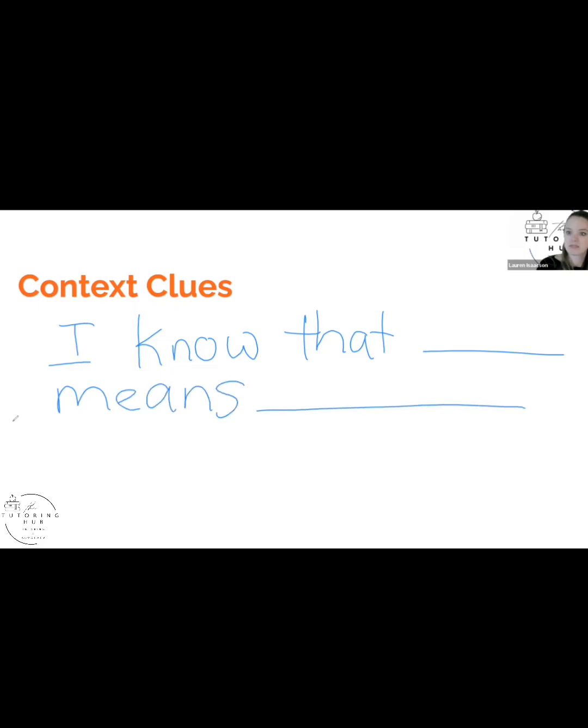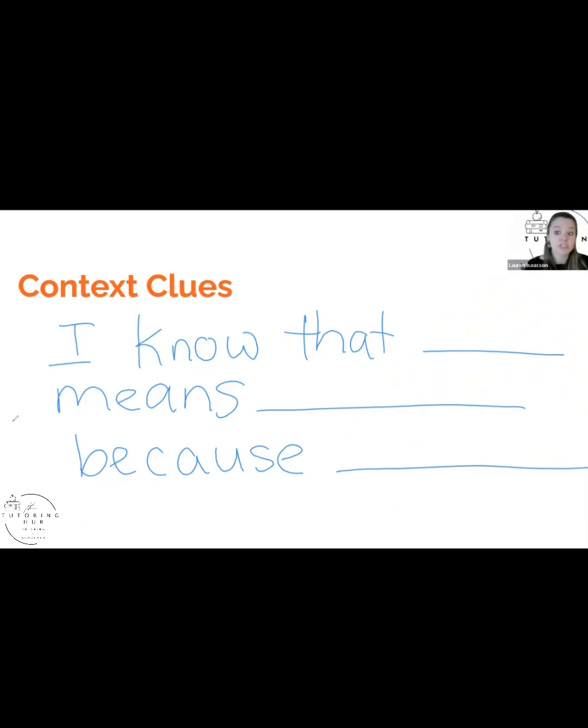I know that blank, and there is what you're going to fill in that missing word, unfamiliar word, or phrase, means blank. Tell us what it means. And then because, why? That strategy that you use.